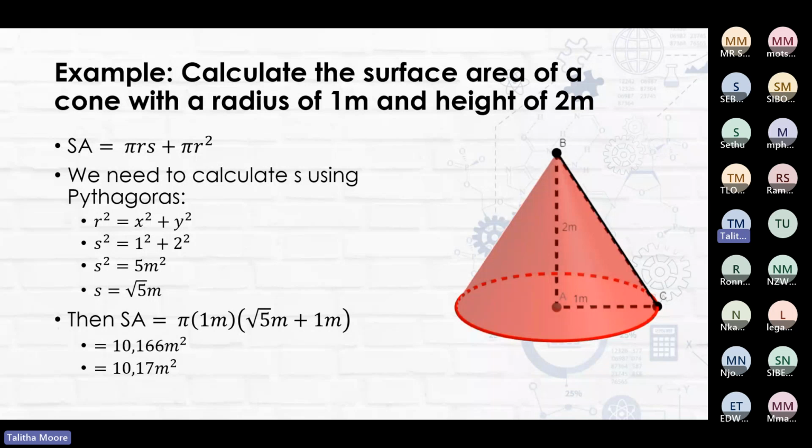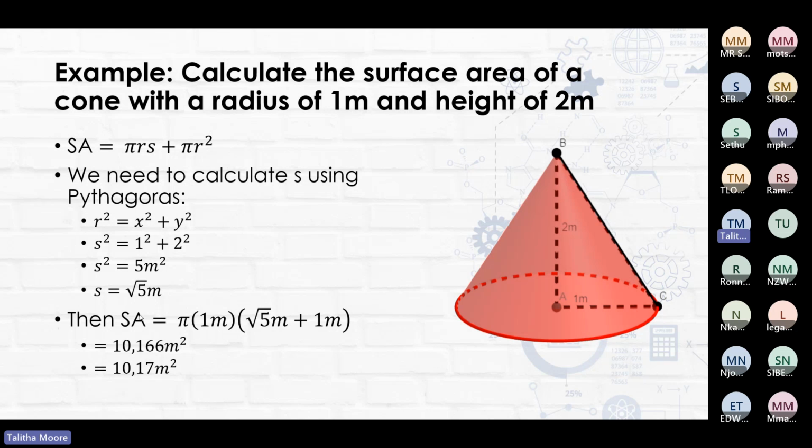Okay, so calculate the surface area of a cone with a radius of 1 meter and a height of 2 meters. So firstly, we need to calculate s, our slant height, and we do that by using Pythagoras. And you can see quite clearly there's a triangle here. So we have 1 meter squared plus 2 meters squared gives us 5 meters squared. So our slant height is the square root of 5.